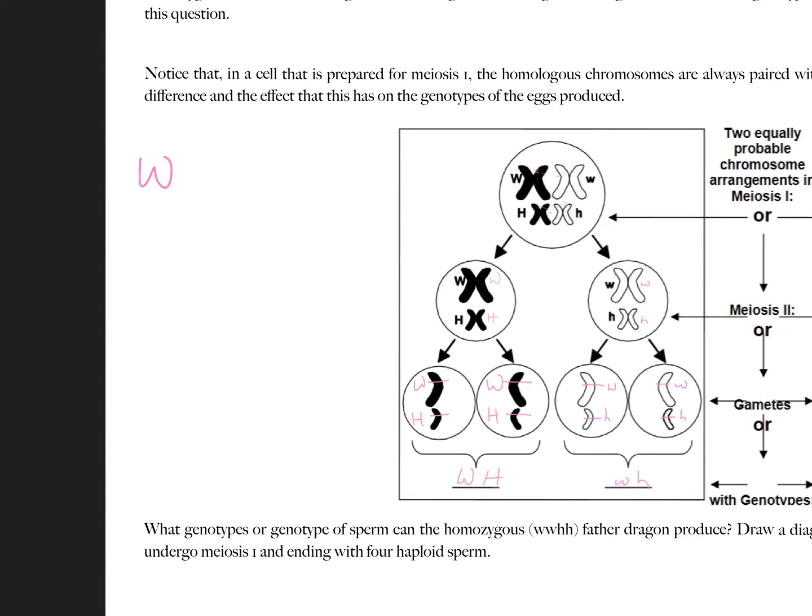Big W, big H, little h. So big W can go with big H, so you can have one that's big W, big H. You can have big W going with little h, so you can have big W, little h. Or you can have little w going with big H, little w, big H. And what's the other option here? Let me try to find a different color. Little w, little h.